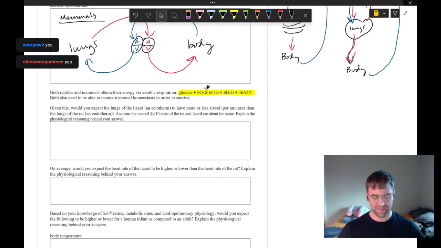Alveoli, remember, are these membranous structures that look like bundles of grapes inside your lungs that interface with the capillaries to facilitate gas exchange between the air and the blood.